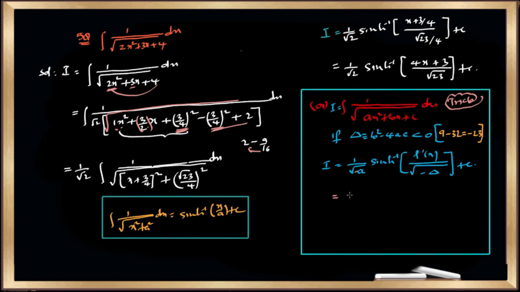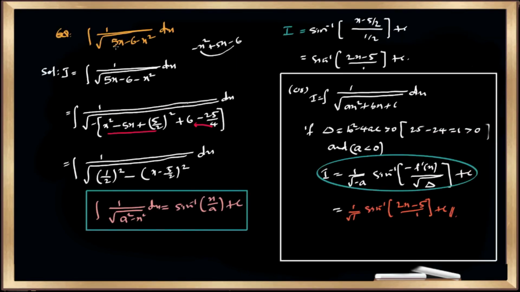So see here, this is plus only, 1 by a means root 2, sinh inverse of the differentiation of this quadratic expression. Differentiation of 2x square is 4x, differentiation of 3x is 3. So (4x plus 3) divided by under root minus delta. Delta is minus 23, minus delta becomes plus 23, plus c. So this is plus a only, 1 by root a. Okay.